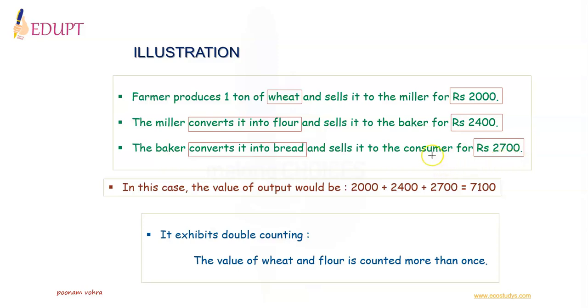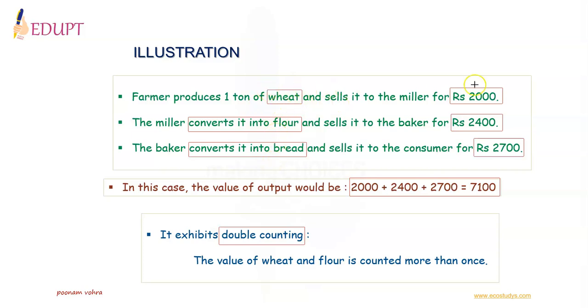So in this case, value of output would be 2000 plus 2400 plus 2700, which is 7100. But this is incorrect because it exhibits double counting, where wheat is counted 3 times.